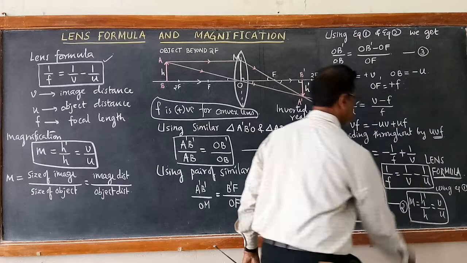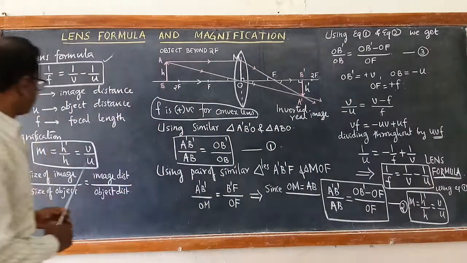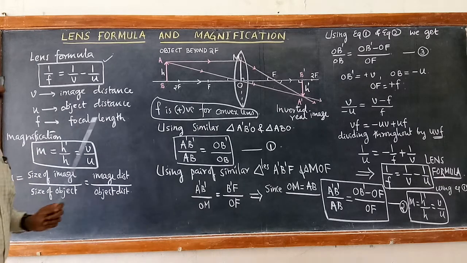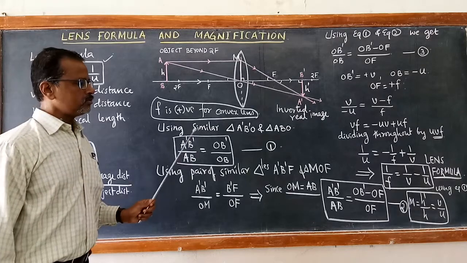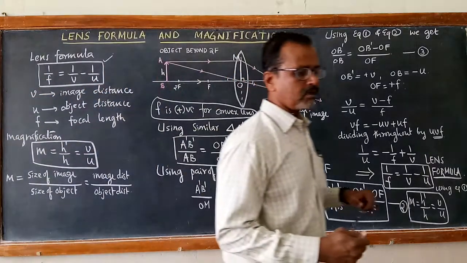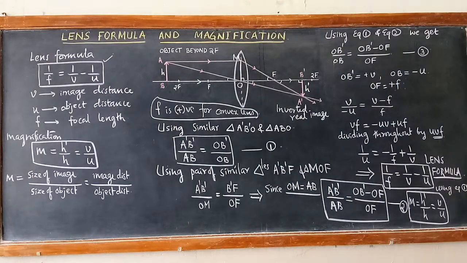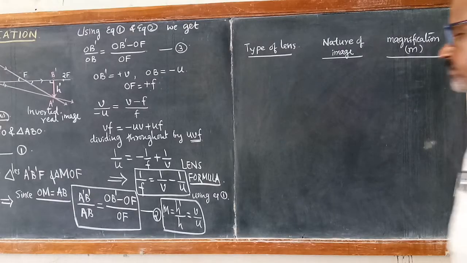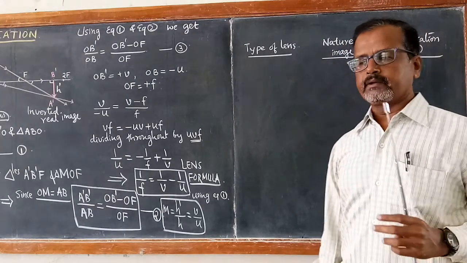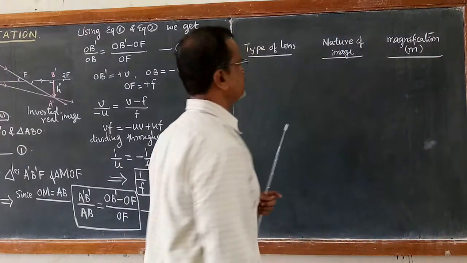I think the things are very clear now. So this is what we got. This is lens formula and this is magnification. Now there are certain things to be remembered before you go for solving the numerical problems. Before we conclude, there are two important things to be remembered regarding magnification.